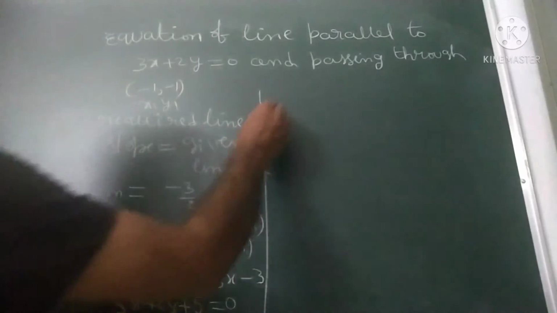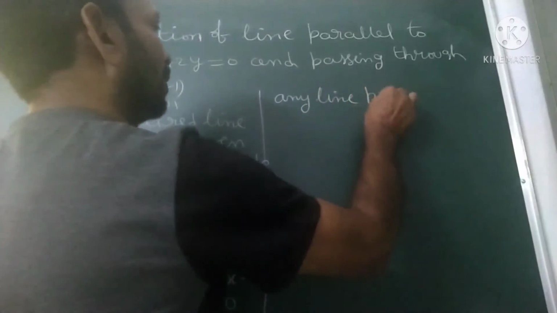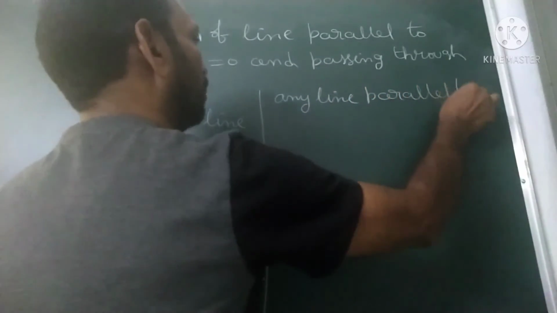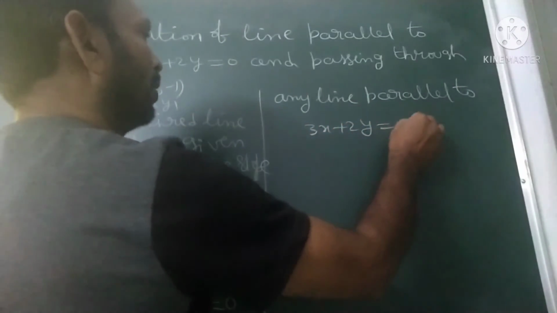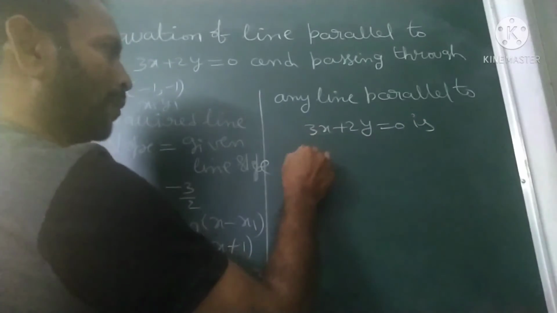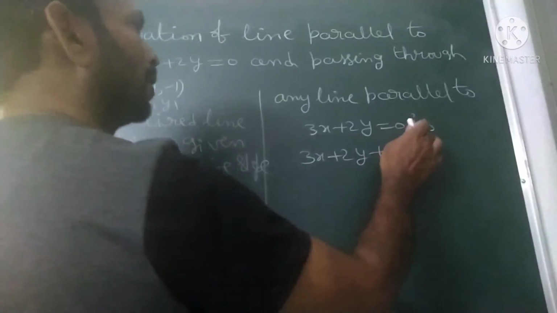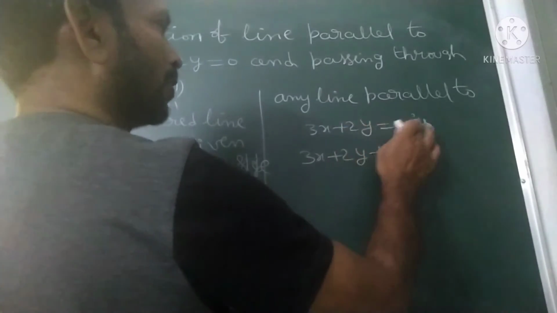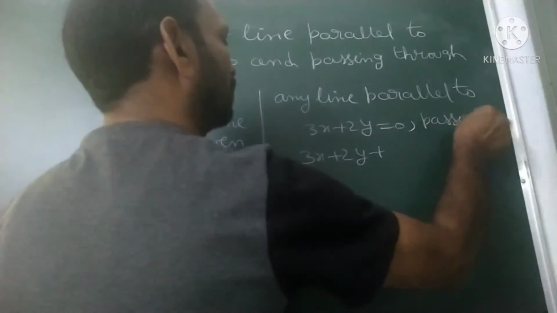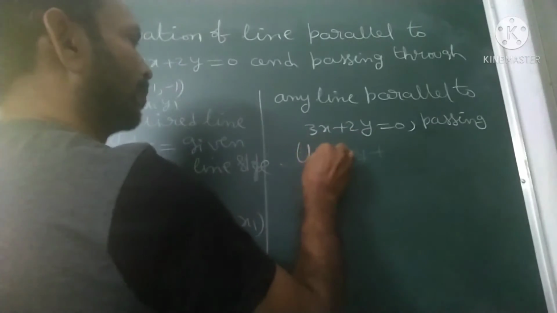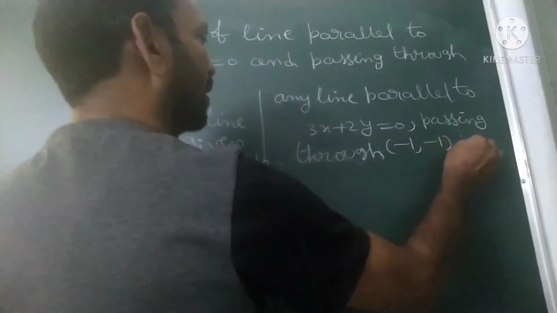The same problem you can do like this. Any line parallel to 3x plus 2y equal to 0 is 3x plus 2y plus k, passing through (-1, -1).